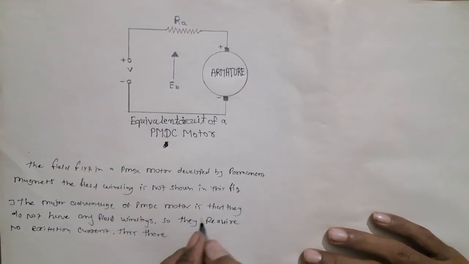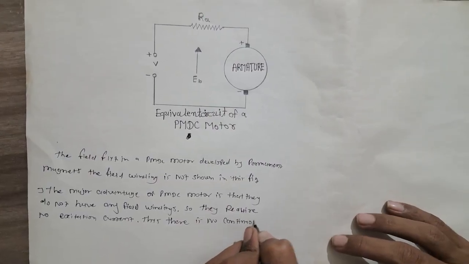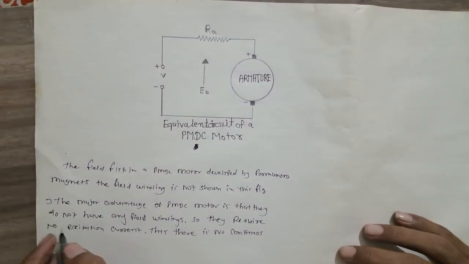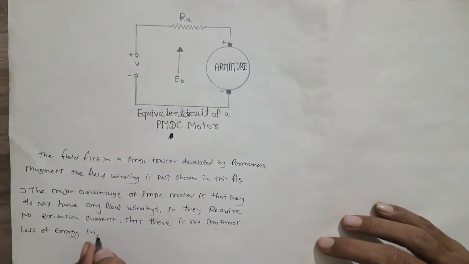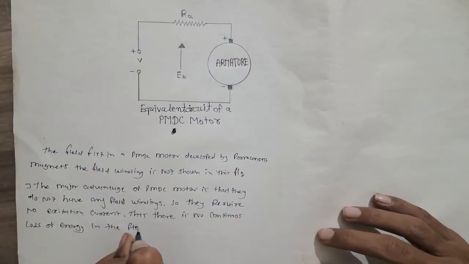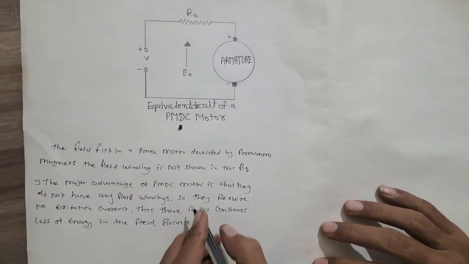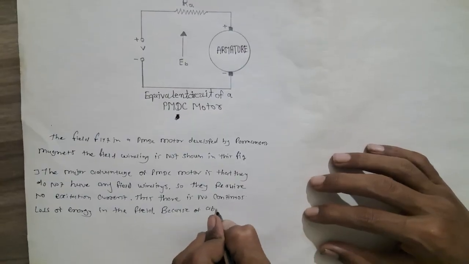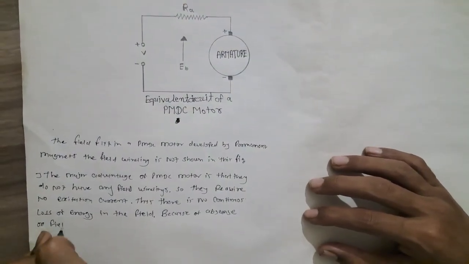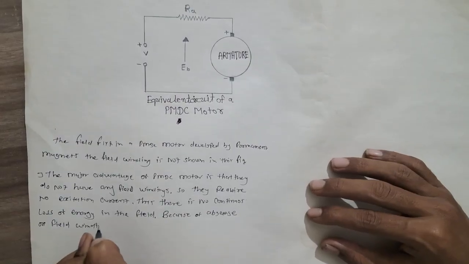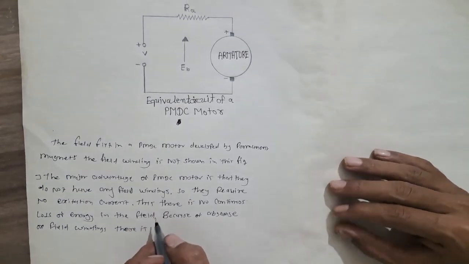Thus there is no continuous loss of energy in the field because of the absence of field windings.